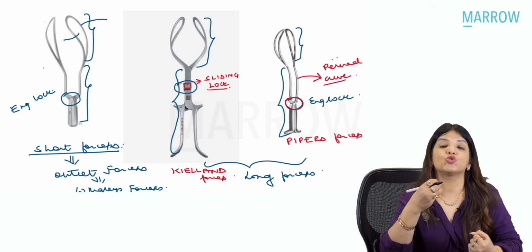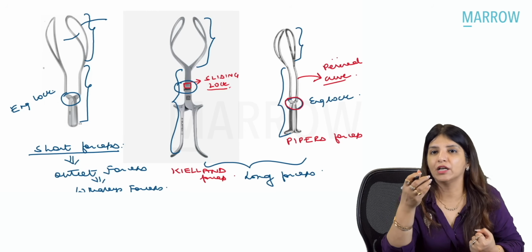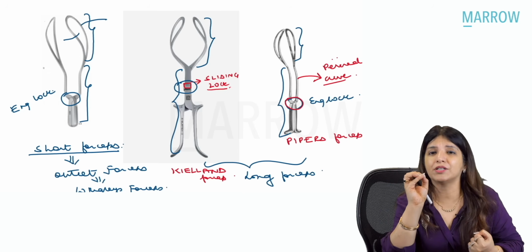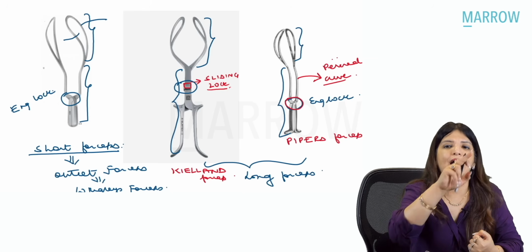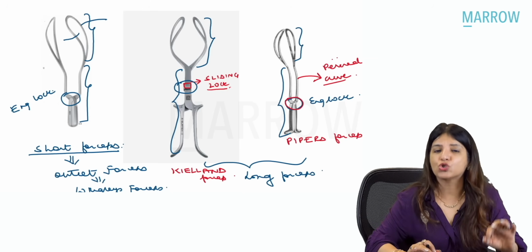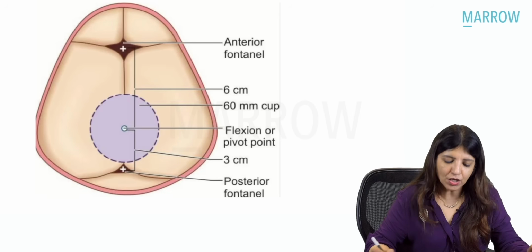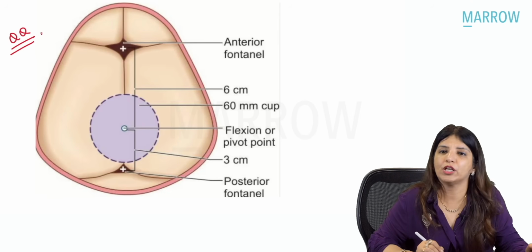Even if you are unable to make out the perineal curve, if you see a long forceps with an English lock, it means you are looking at Piper's forceps. Clear? Okay.